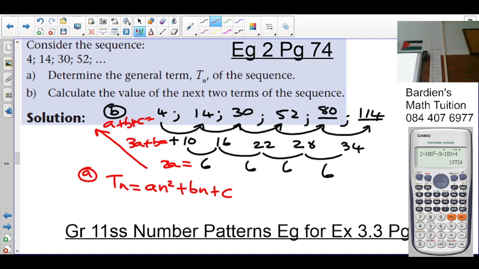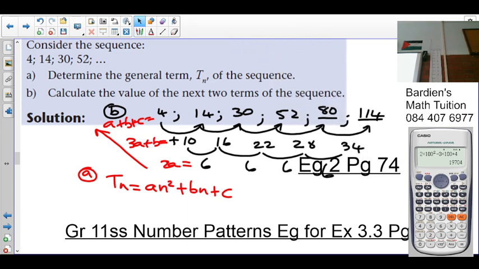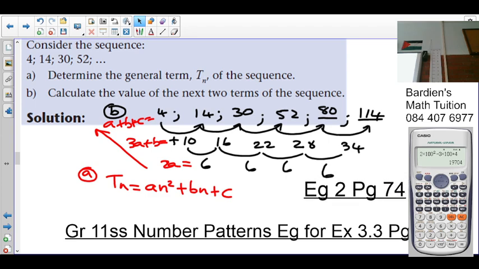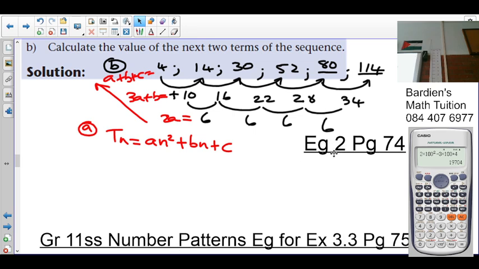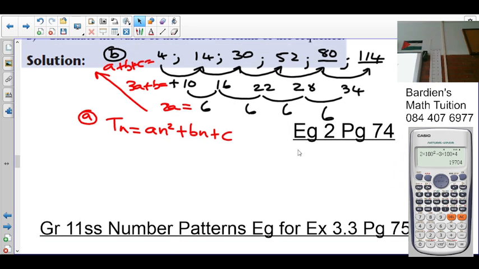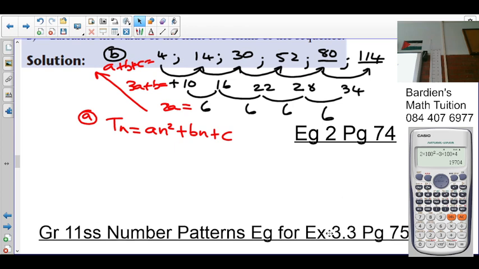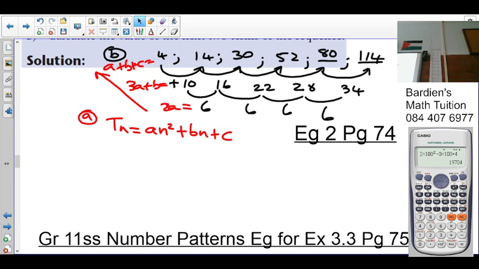I start by saying 2a is equal to 6, solve for a. So a is equal to 3.